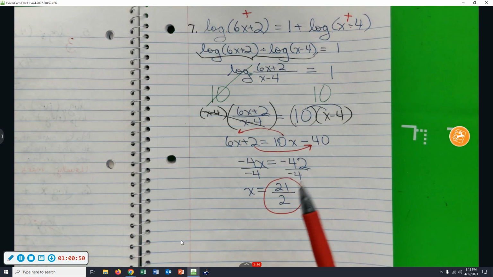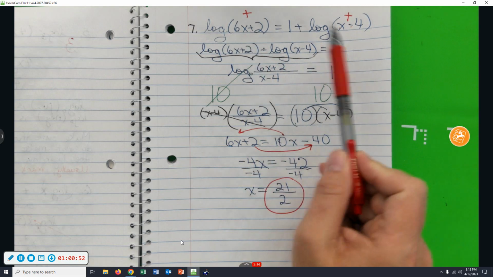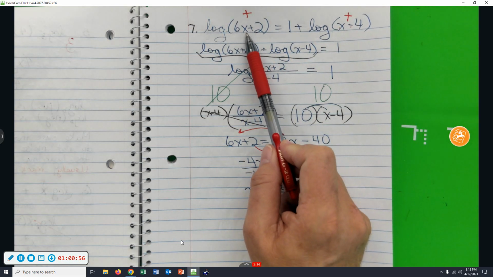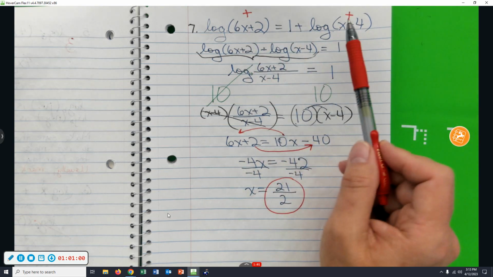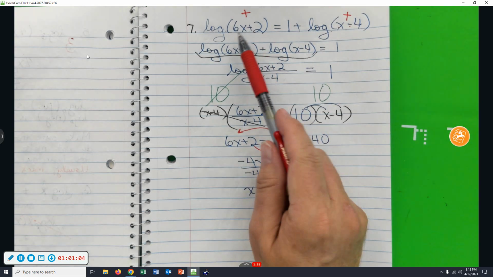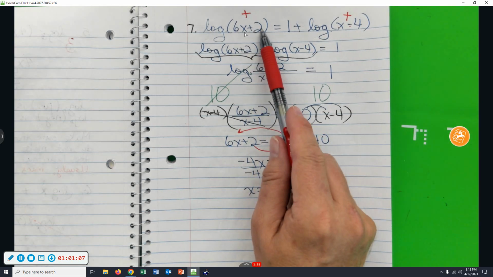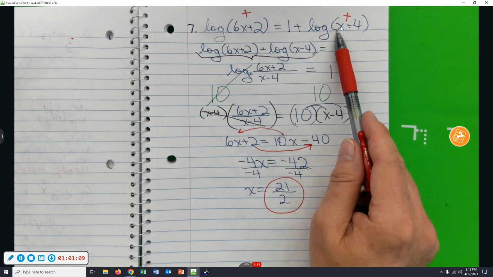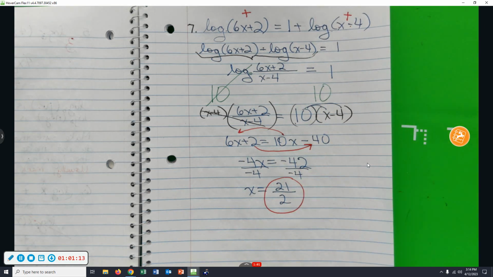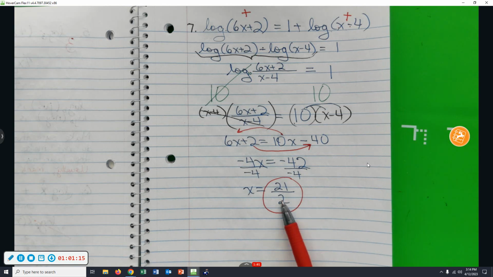The number you're plugging in has to make each logarithm's argument positive. The argument is the thing that follows the LOG or LN notation. So suppose we got an x equals 3. Well, that's okay there, 18 plus 2, but what about here? Right. So it is possible you can get a positive number that would still need to be discarded.